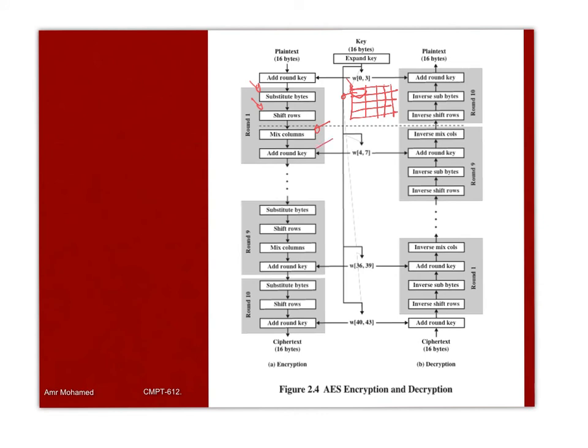And then at the end, we use another stage of Vernam cipher, or add round key. So these are the 4 stages for the AES round: substitution, shift rows, mix column, and then add round key. We'll talk about each of these steps, the 4 stages in each round.